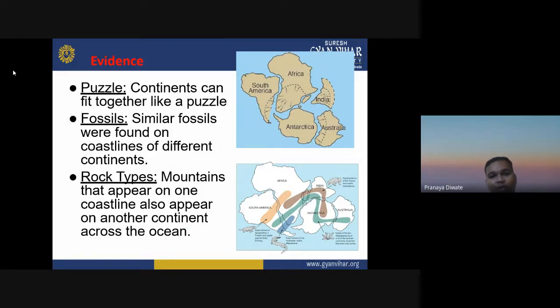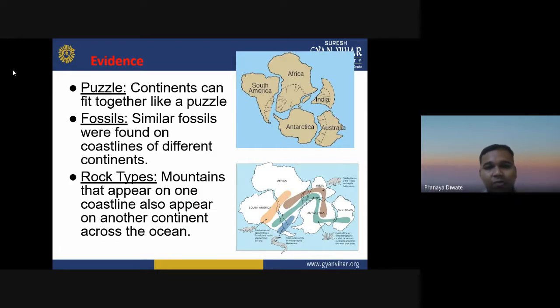The continents can fit together like a puzzle if you join them all. A puzzle is nothing but different parts, broken up, but when you join them, they are put together. That is your puzzle theory.